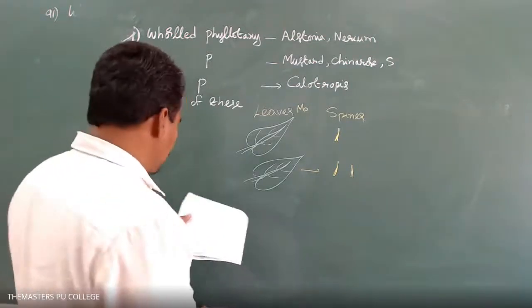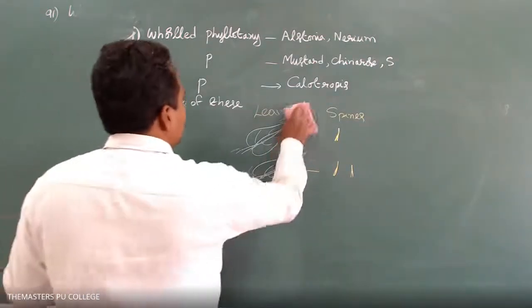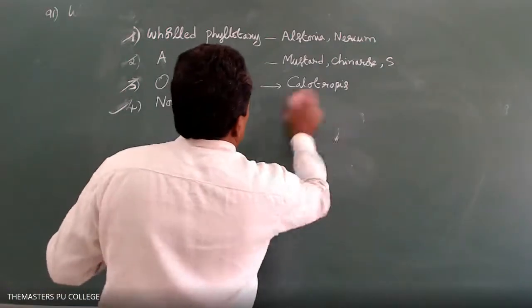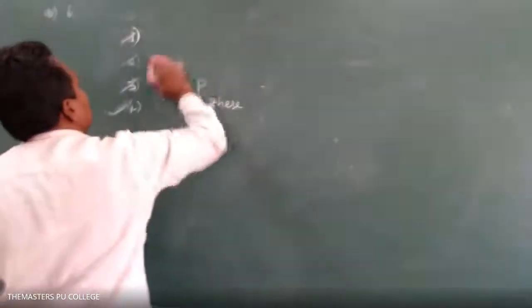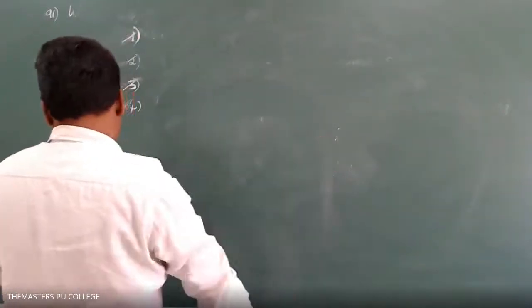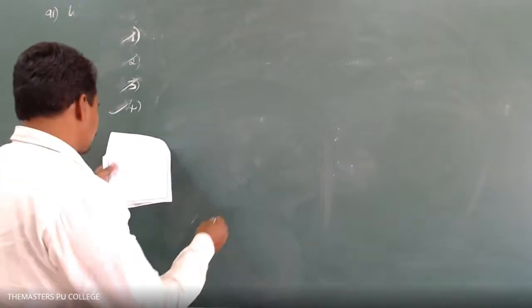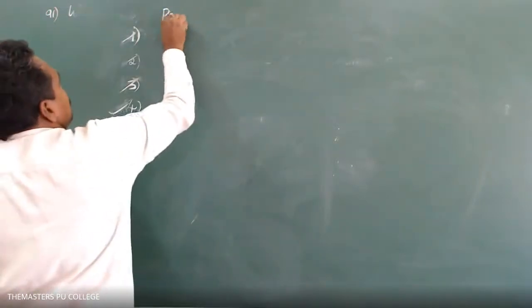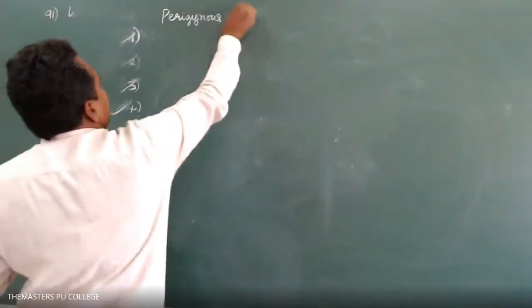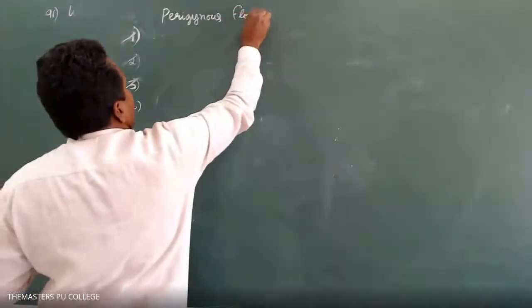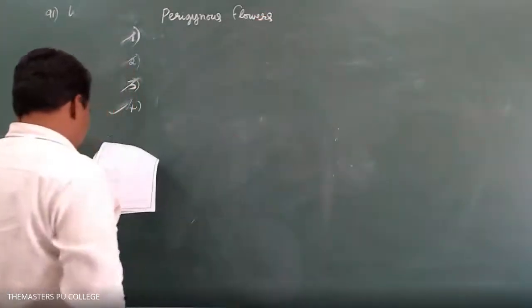Next, question number 104. Perigynous flowers are found in. What are the given options?